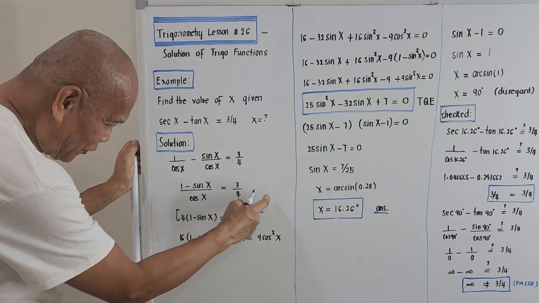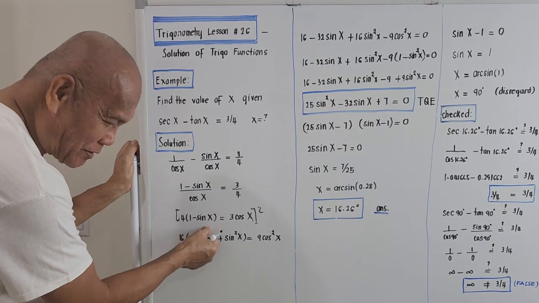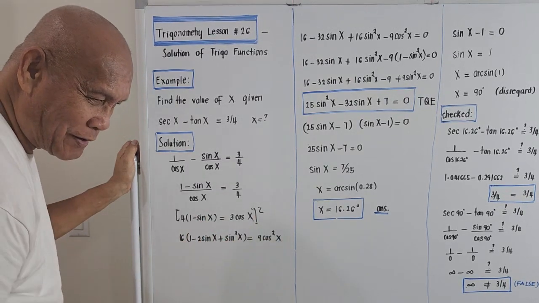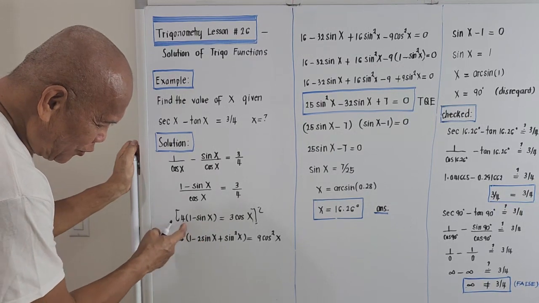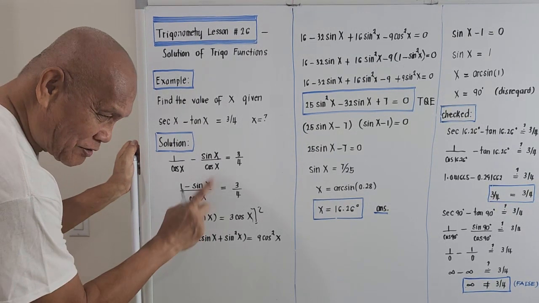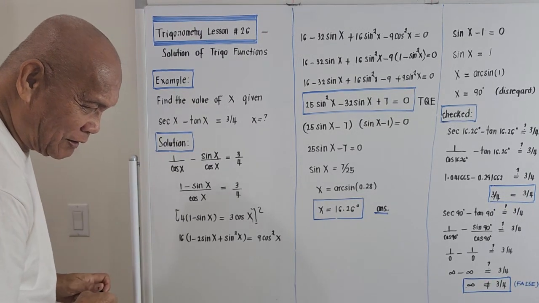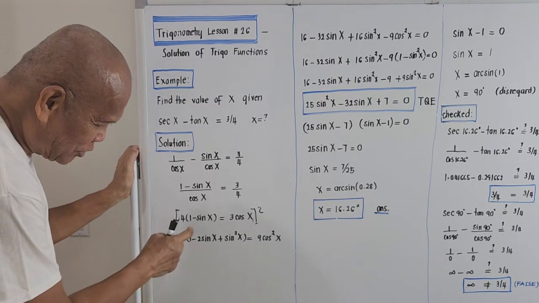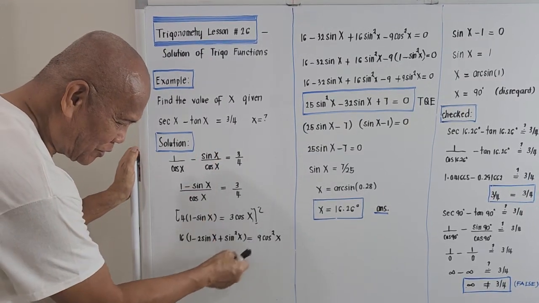So the square of 4 will be 16, and the square of 1 minus sine of x is the square of a binomial, right? So it will be the square of 1. The middle term will be 1 times minus sine of x times 2, which is minus twice sine of x. And the square term will be the square of minus sine x, which is a positive sine square of x, close quantity.